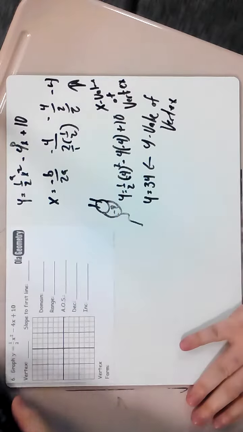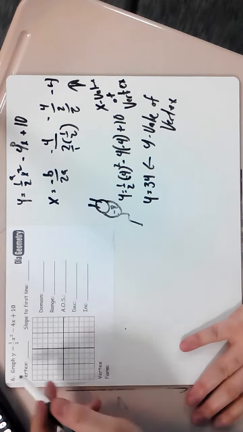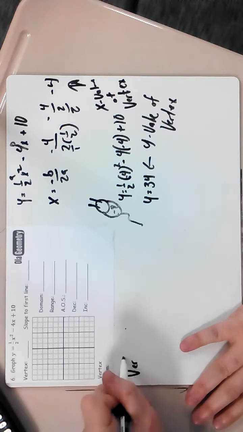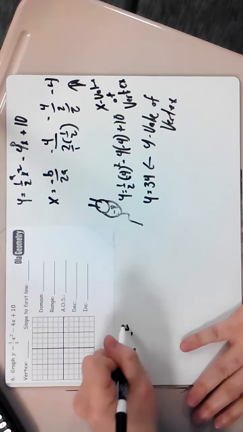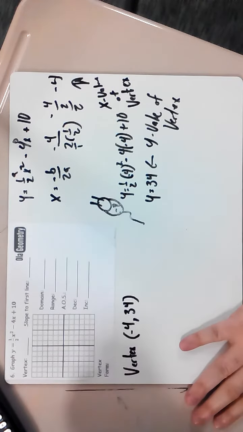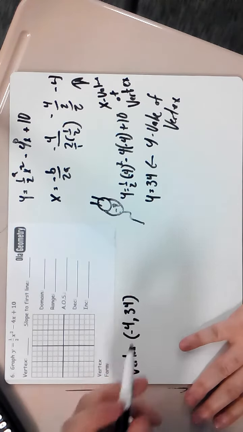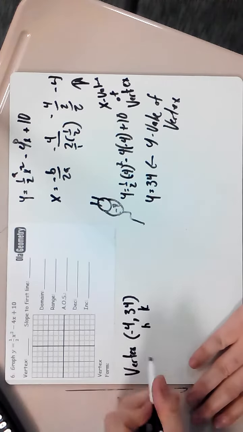Okay, so now I have my vertex, which I could answer that question right here. My vertex is negative 4, 34. Now, remember before I told you that's h and k? Well, here we go.